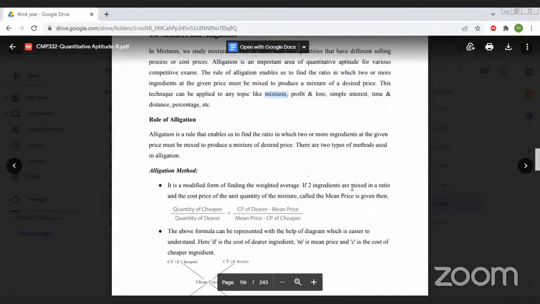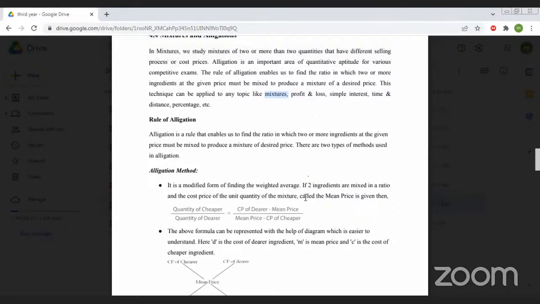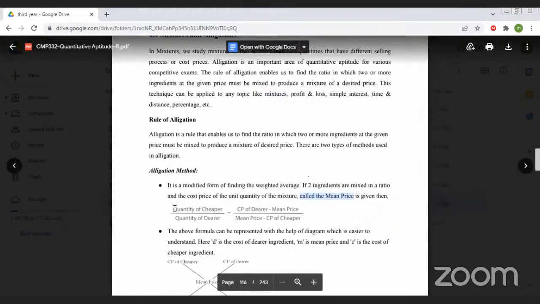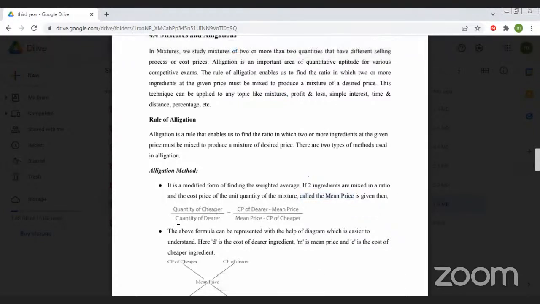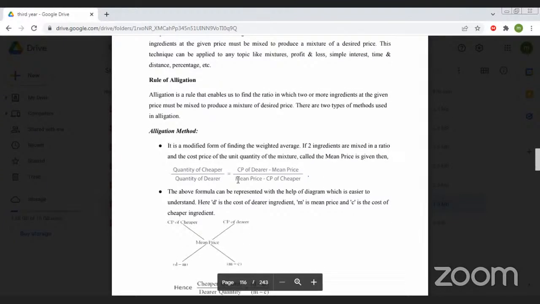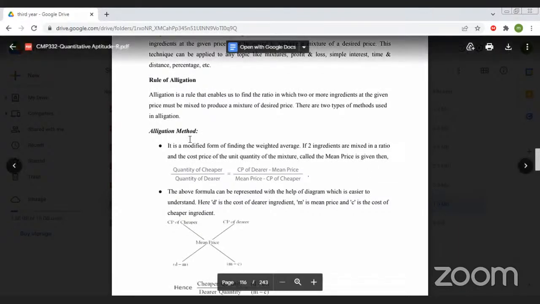If two ingredients are mixed in a ratio, the cost price of the unit quantity of the mixture is called the mean price. It is given in this form: quantity of cheaper upon quantity of dearer equals CP of dearer minus mean price upon mean price minus CP of cheaper. CP means cost price. Understood, students?